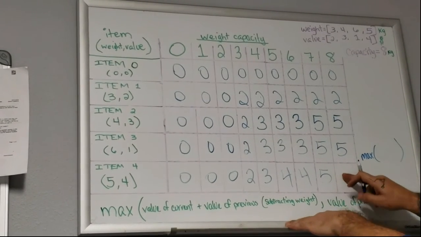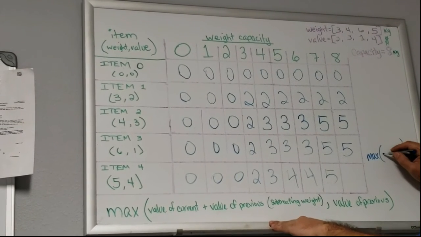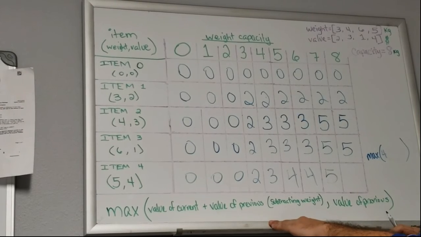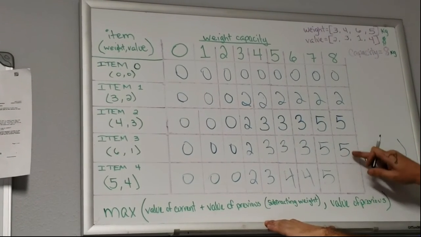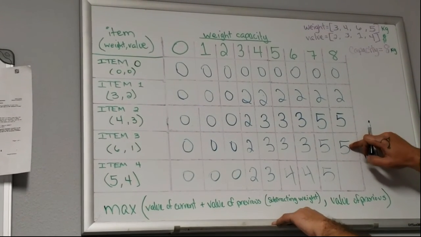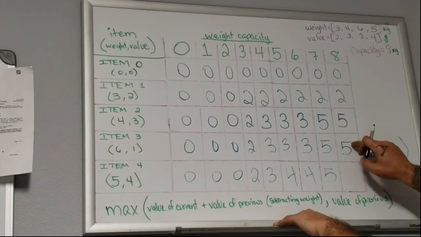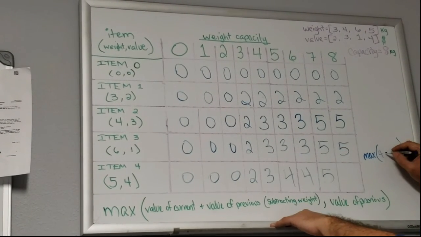Okay, last one. We take the current value of item 4, which is $4. We're going to add the value of the previous. So refer to the row above, count back 5 for 5 kilograms, accounting for weight. 1, 2, 3, 4, 5. Here we have a 2.